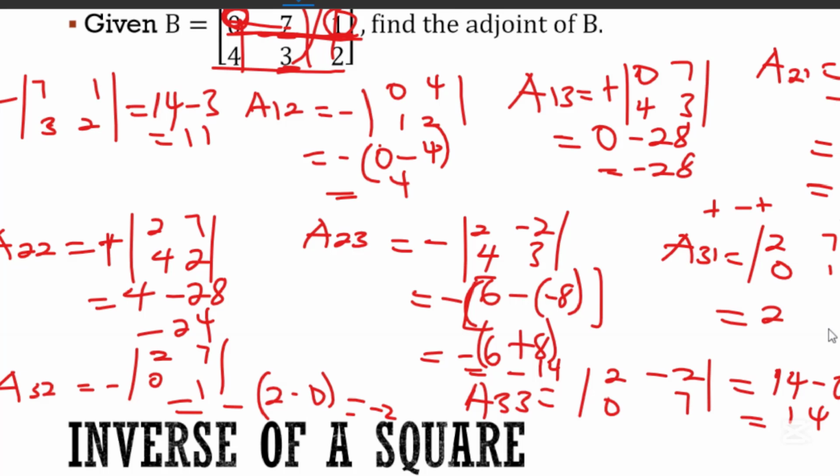So we have our first element as 11, 4, negative 28, and then the next one is 25, negative 24, then we have negative 14, 2, and then negative 2, and then 14. So these are the results of the cofactors.